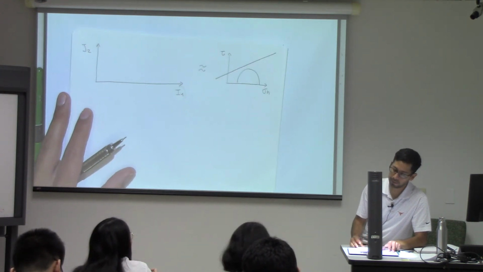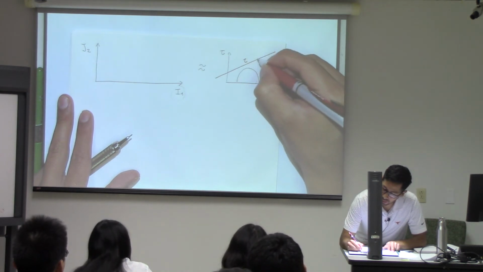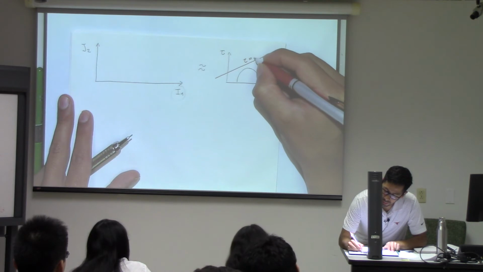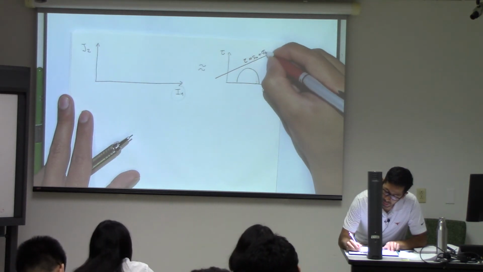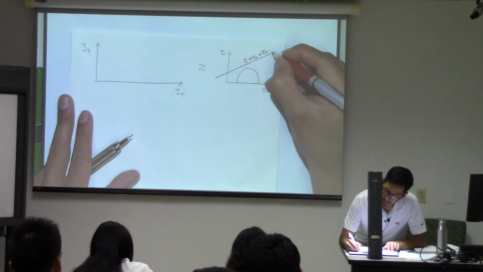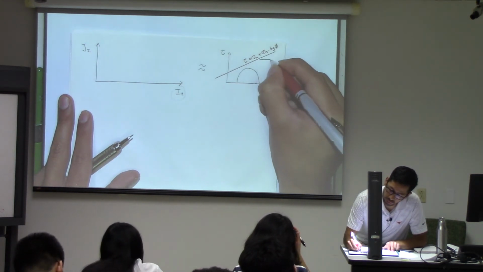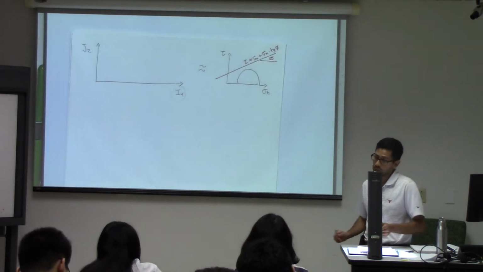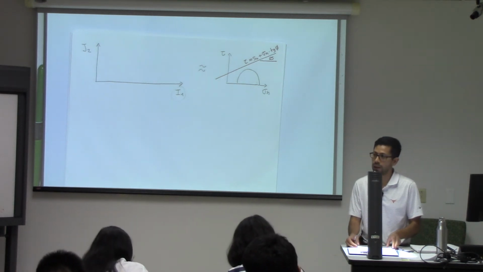That's the Coulomb criterion that says the shear stress cannot be higher than a certain constant plus normal stress times the tangent of the friction angle, where this is phi. If you go beyond the line, you go into failure or inelasticity.